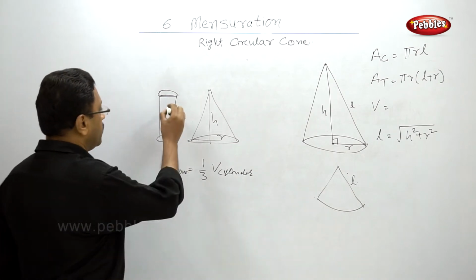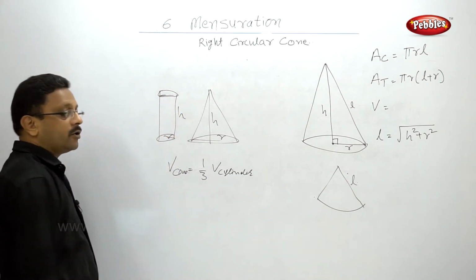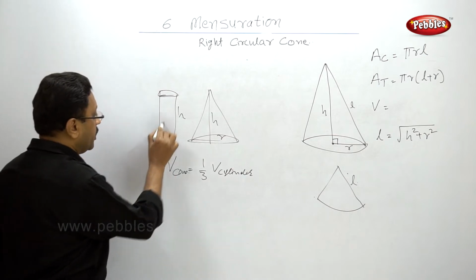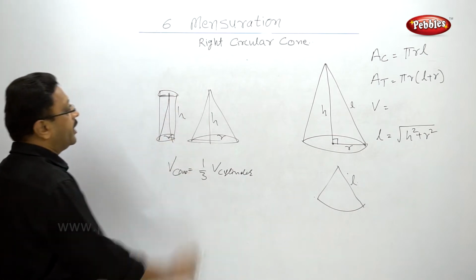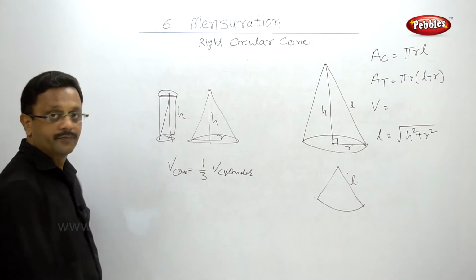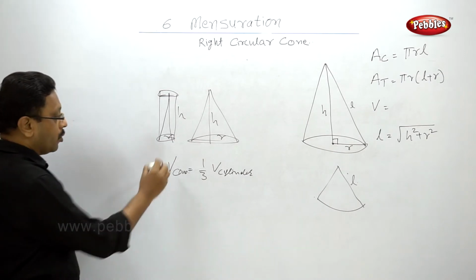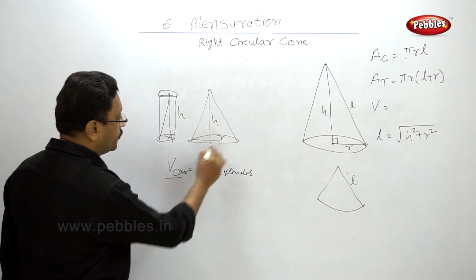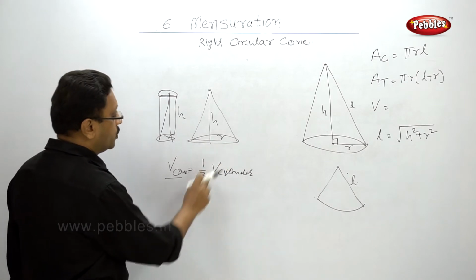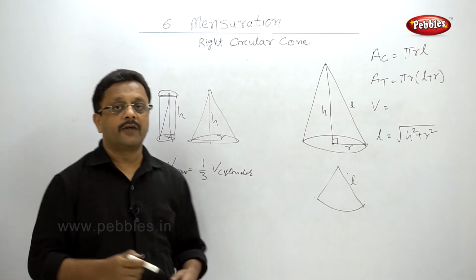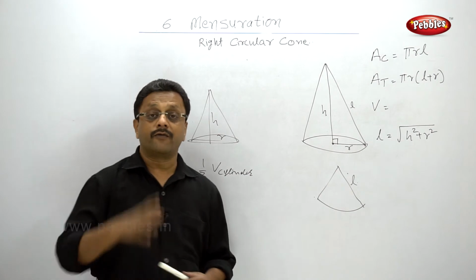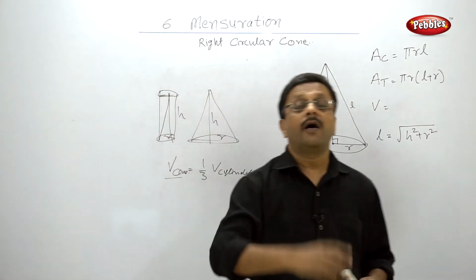Can you guess that? Here on the top edge also the same circle is there, but if you go on reducing, you will get a figure something like this. So the volume of the right circular cone is 1/3 the volume of the right circular cylinder of the same radius and same height.